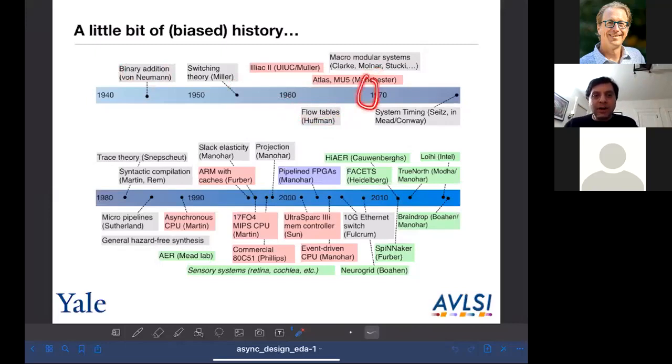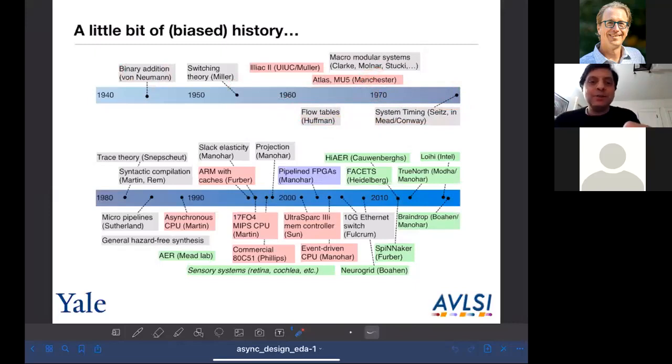Right around here, there was about 10 to 15 years where there was a gap in asynchronous design, until roughly the Mead and Conway book on VLSI design showed up in 1979. It had a chapter on what is called system timing, written by Chuck Seitz, where he advocated that we should look at asynchronous design again.